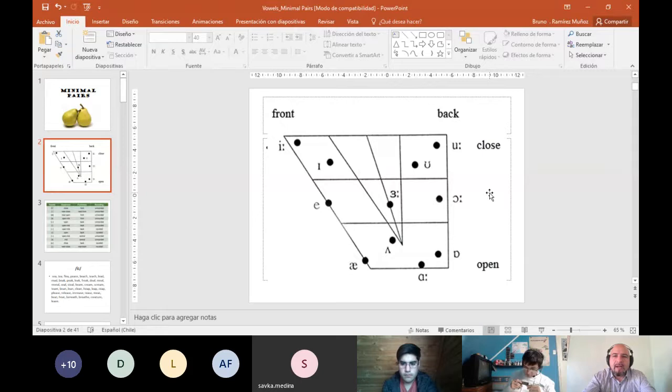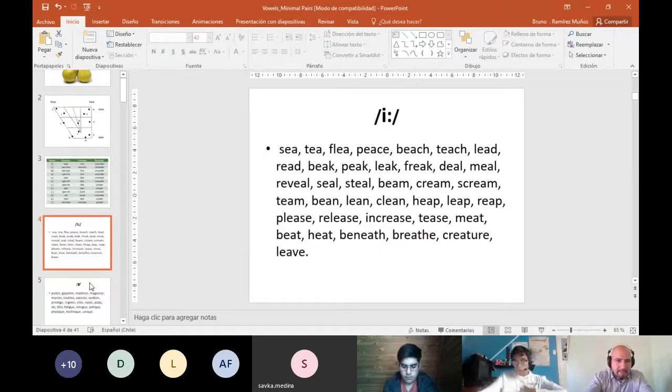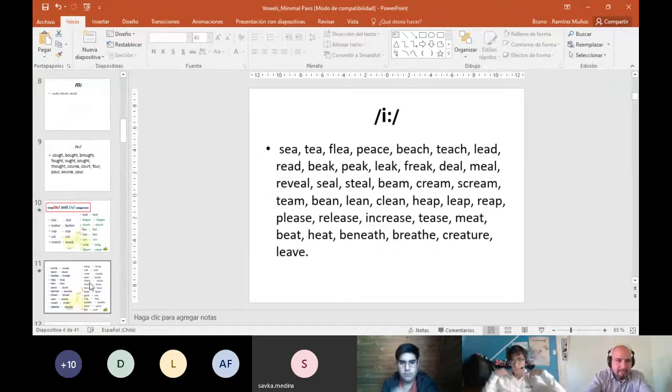Okay, now that you have the criteria to describe vowel sounds, we're going to focus on the sounds. Let me see if I can have minimal pairs here.